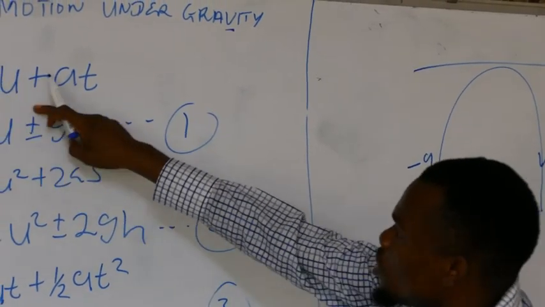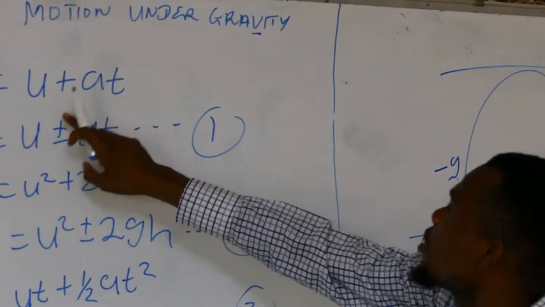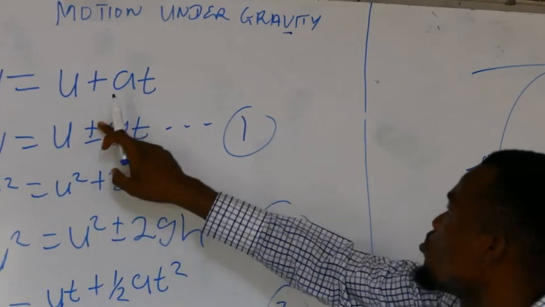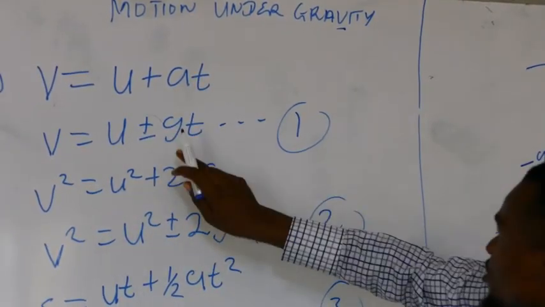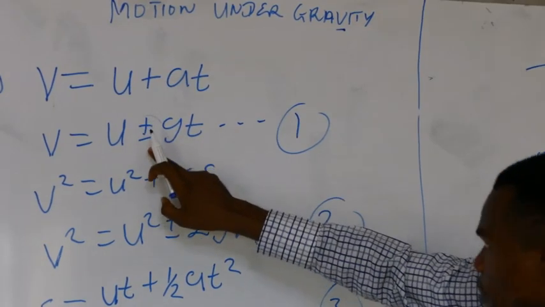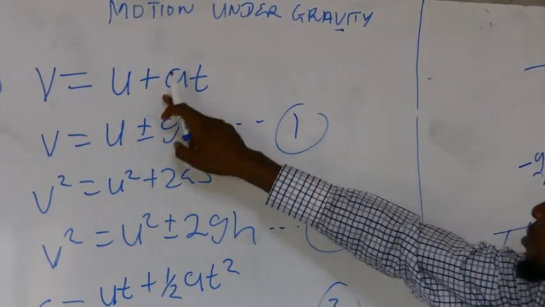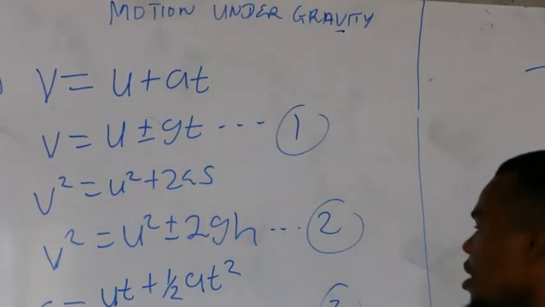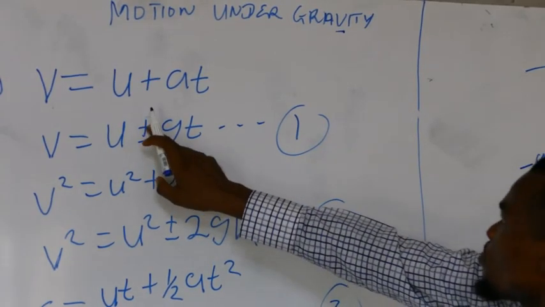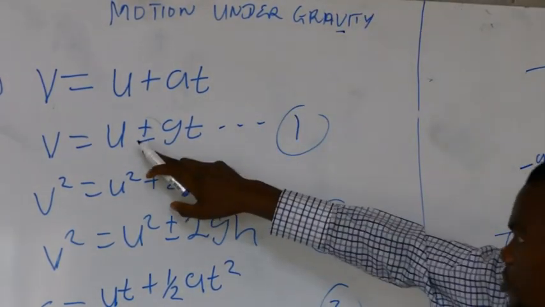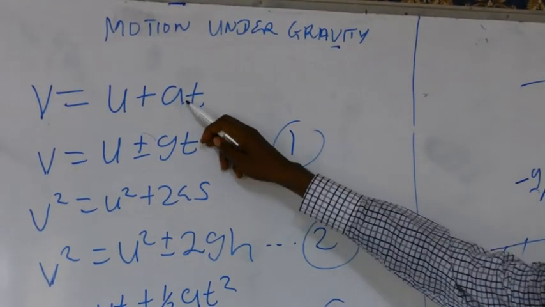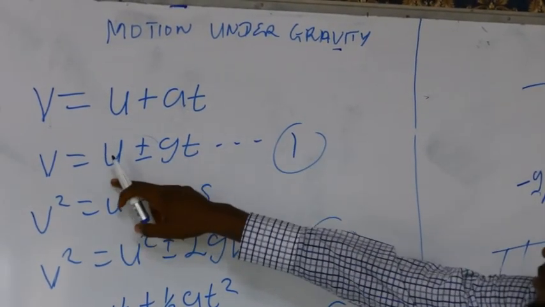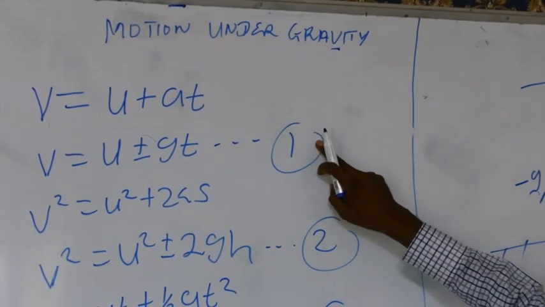So this equation becomes v is equal to u plus or minus g t. The presence of this plus or minus is telling you that g can either be plus or minus, depending on the nature of the motion. So if it is falling under gravity, you use plus. If it's against gravity, you use minus. That is why you see plus or minus here. Then this a has been replaced with g, so you get equation 1.